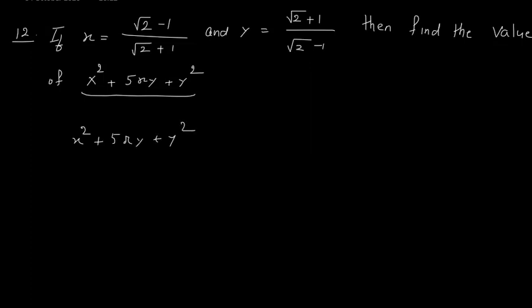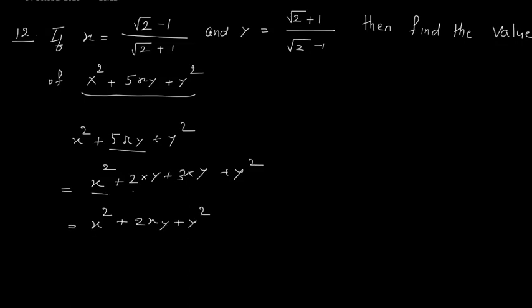So here we will use this concept. We write x square plus 5xy plus y square as x square, and now this 5xy we split as 2xy plus 3xy, and then y square. Now x square plus 2xy plus y square, these terms I will write at one place, plus 3xy.